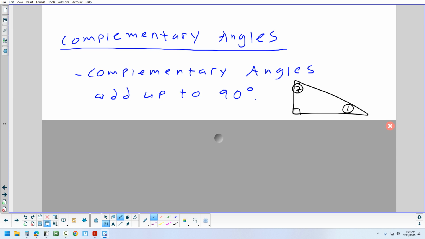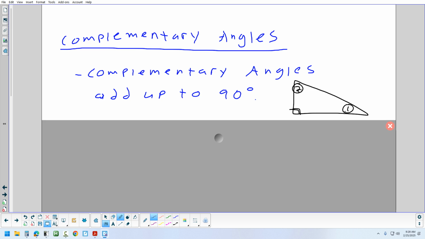So what does that tell you about angles 1 and 2? They have to add up to 90, because the right angle is 90 and all three have to make 180.